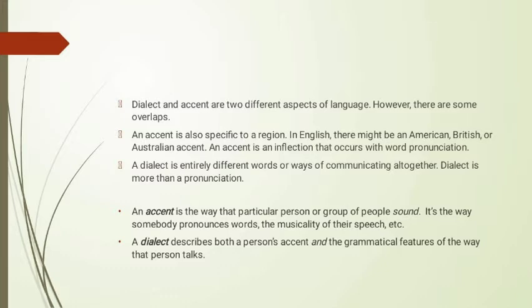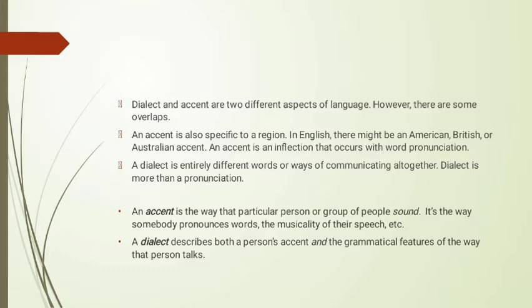Dialect and accent are two different aspects of language. However, there are some overlaps. An accent is also specific to a region. In English, there might be an American, British, or Australian accent. An accent is an inflection that occurs with word pronunciation. And a dialect is entirely different words or ways of communicating altogether.